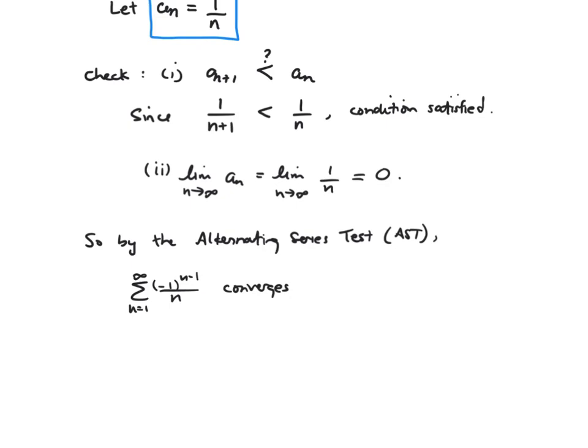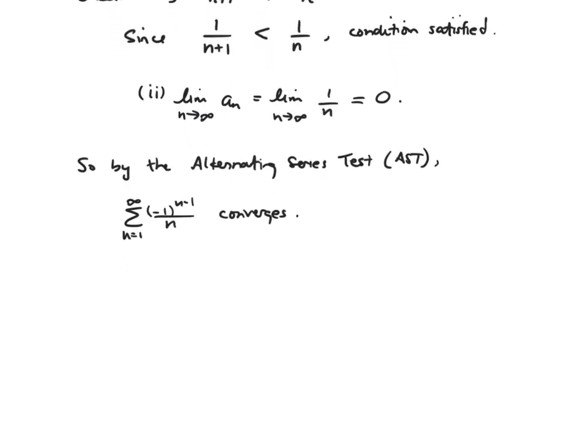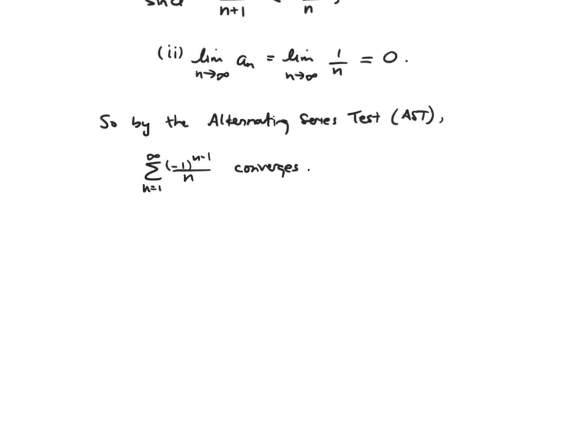Now, because we've already looked at the absolute value of this series and showed that that leads to a divergent series, we're going to make a little note here. Note, this series only conditionally converges.